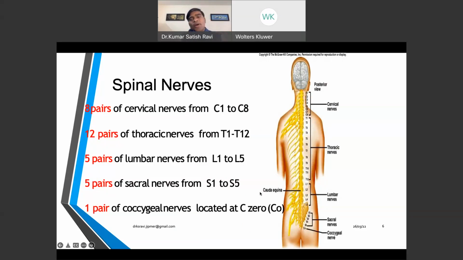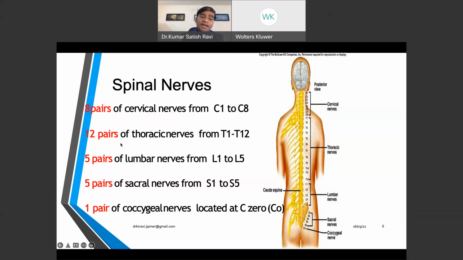Over here in this diagram, you can see the spinal cord and the different regions. This is the cervical region. Over here, we have the thoracic region. Then we have the lumbar region. And accordingly, we have the sacral and the coccygeal region. So as I said, we have 31 pairs of spinal nerves. You will find 8 pairs of cervical nerves, from C1 to C8.